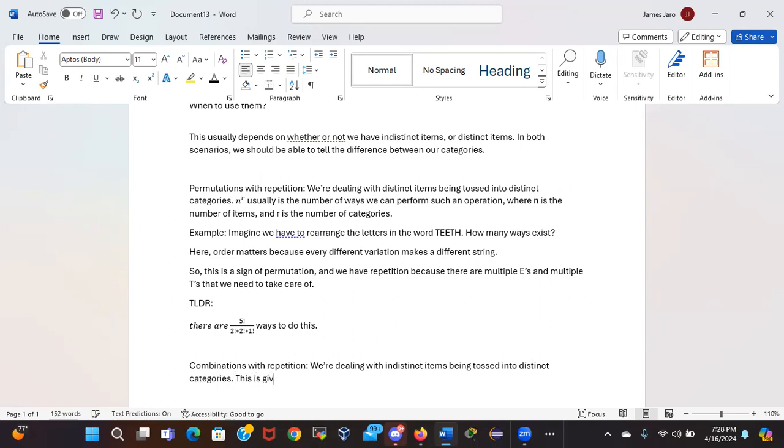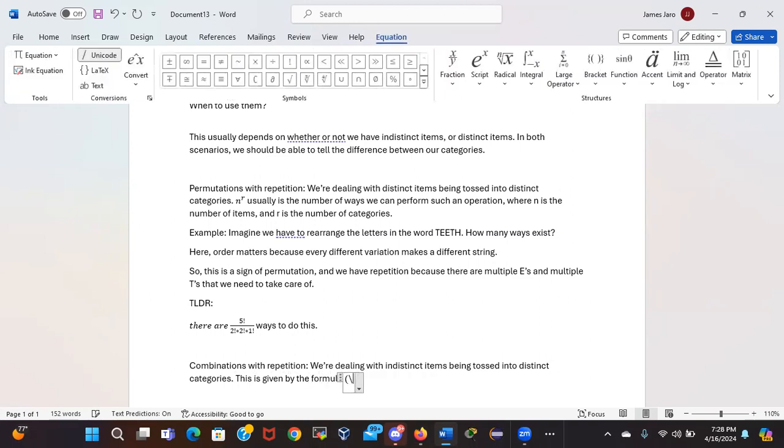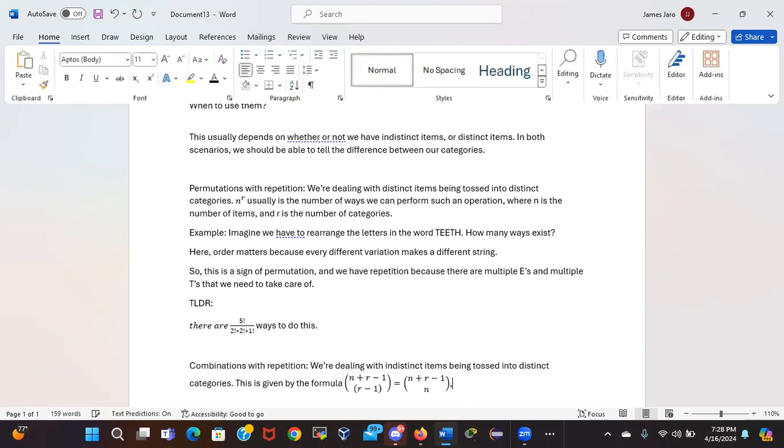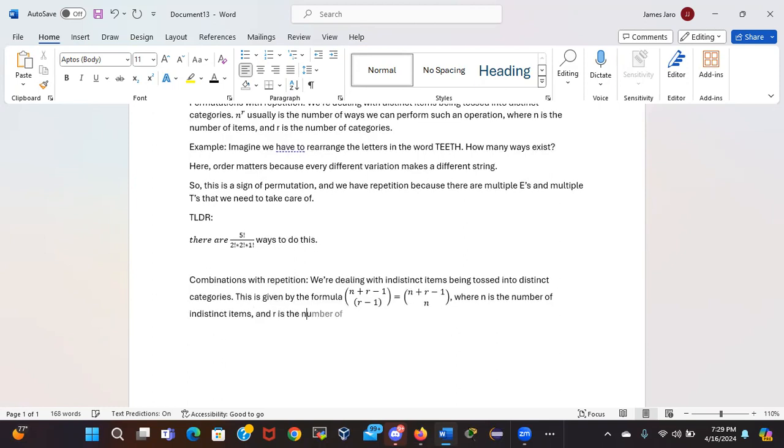This is given by the formula, off the top of my head, I believe it's n plus r minus 1 choose r minus 1, which is the same thing as n plus r minus 1 choose n, where n is the number of items, and r is the number of distinct categories.